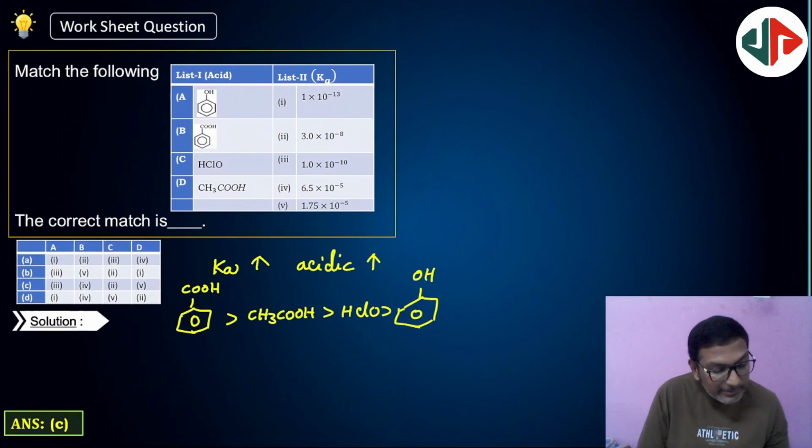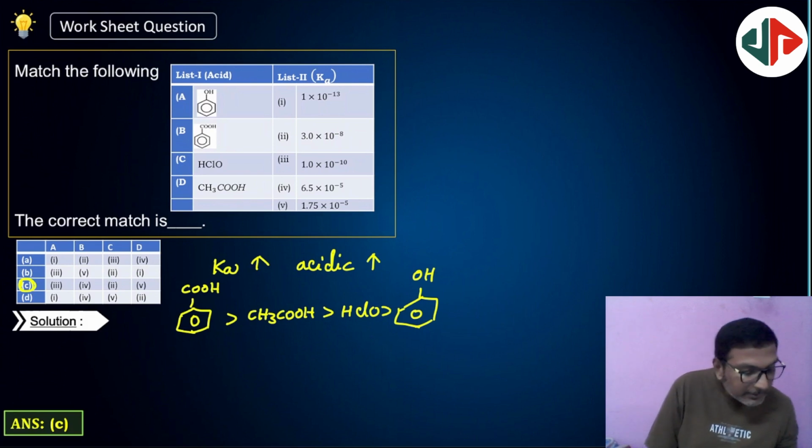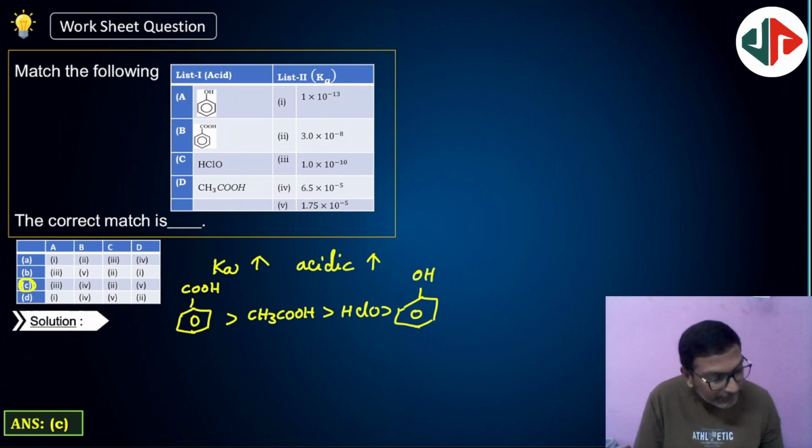So from this we can select first the carboxylic acid. So check option C clearly. Option C means, for A 3, for B 4, C 2, D 5. So the strongest acid, Ka is maximum for benzoic acid.